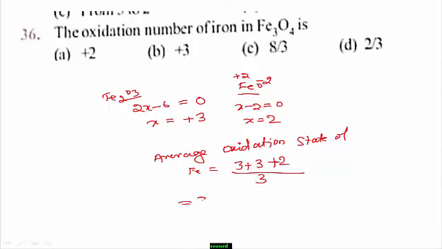So finally we get 8/3. So option C is the right answer. Why did I take it like this? Because Fe3O4 is the mixture of Fe2O3 and FeO. So option C is the right answer.